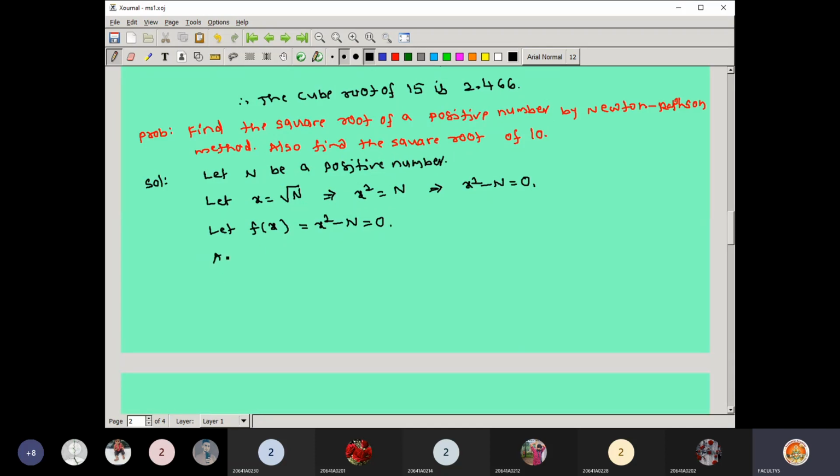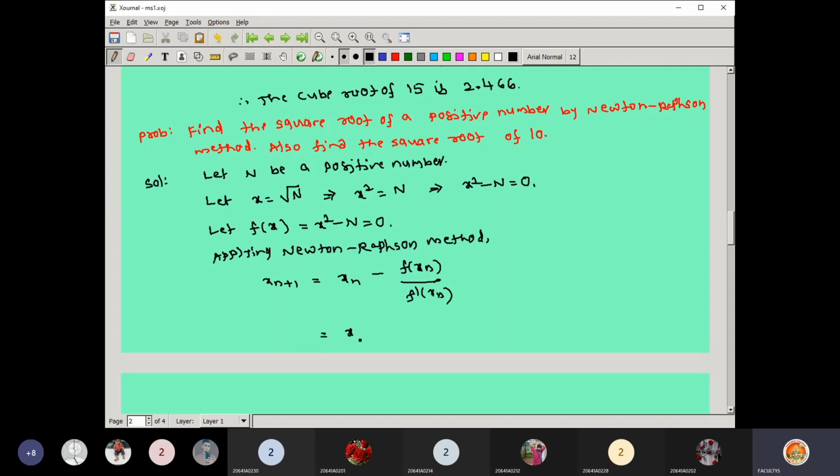So applying Newton-Raphson method, directly I can use the formula x n plus 1 equal to x n minus f of x n divided by f dash of x n.